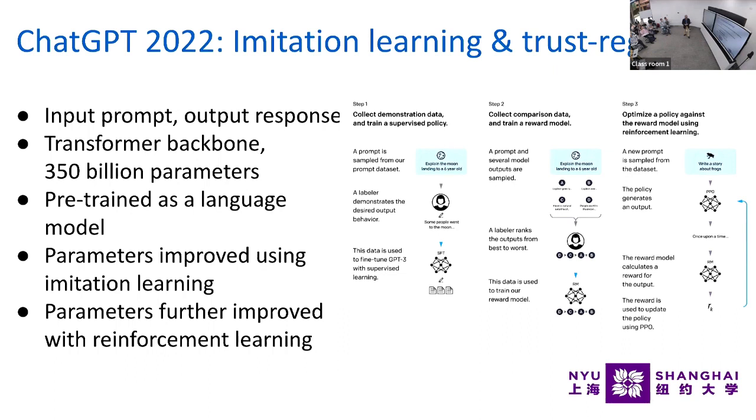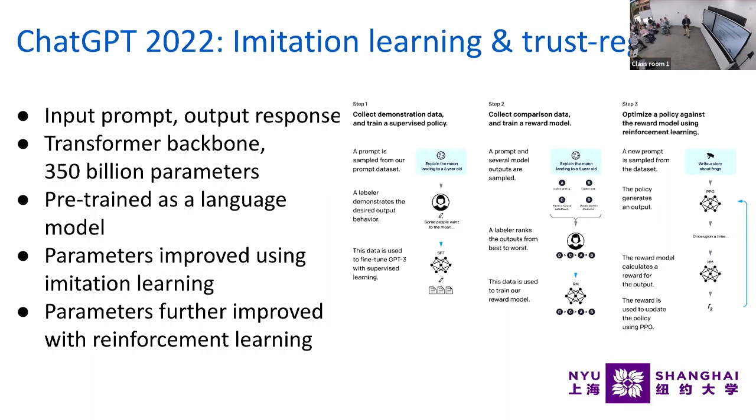In the second step, since it's a language model, you can sample from it many times and get many different responses. You don't just get one. Then they go to human beings and ask them to rank those responses. For a given prompt and a given response, the humans will say this is a good response, or this is a bad response, or this response is better than the previous one.